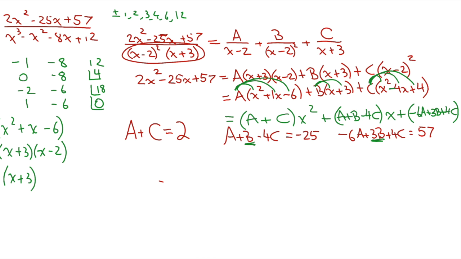So how do I get rid of the B's? Times the first one by -3. So it gives you negative 3A, negative 3B, positive 12C, 75.